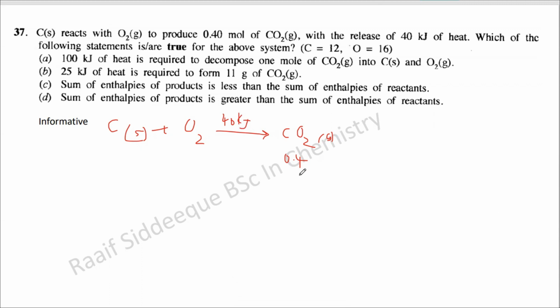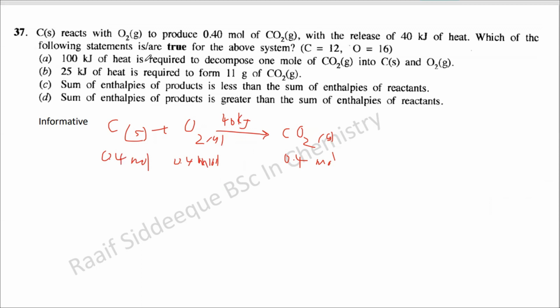So if you want to obtain, let's say, 40 kilojoule of heat to the outside, normally you heat 0.4 moles of carbon solid with 0.4 moles of O2, and you will have 0.4 moles of CO2, right? So we will discuss what is actually happening here.